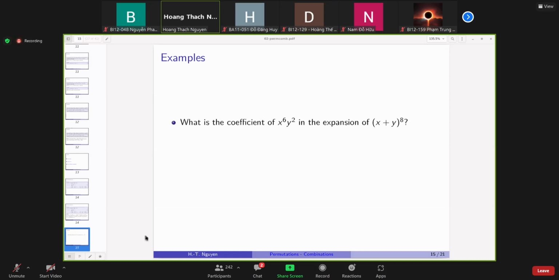Okay, so it should be 8 choose 2. And for those who are quick with calculation, it is 8 times 7 divided by 2, which is 28, as many of you have found. Very good, very well. Thank you.